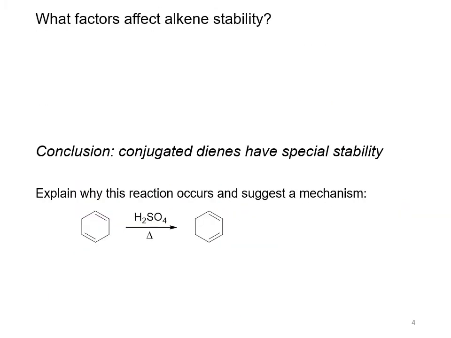If you recall, there are a couple of factors that can affect alkene stability. Of course, as we've just been talking about, number of substituents, and also trans versus cis.